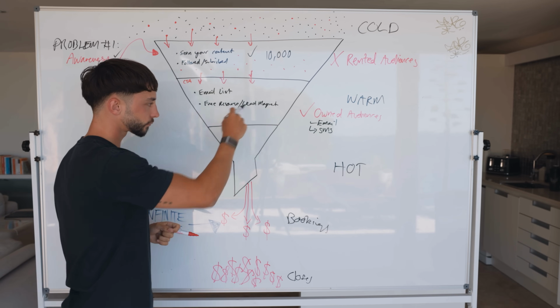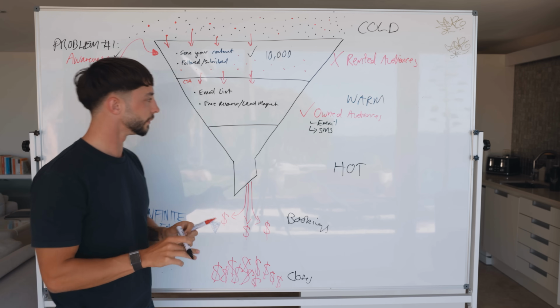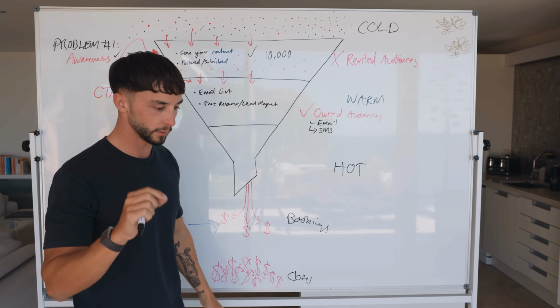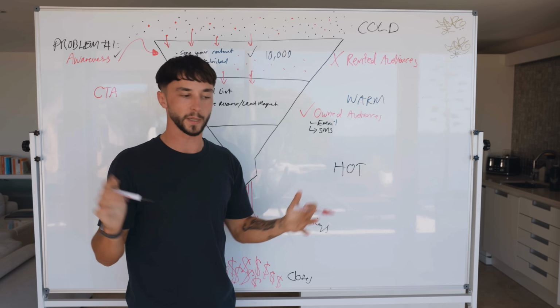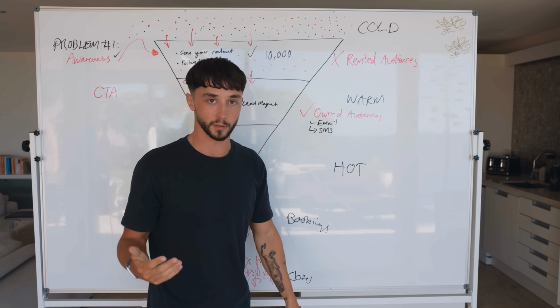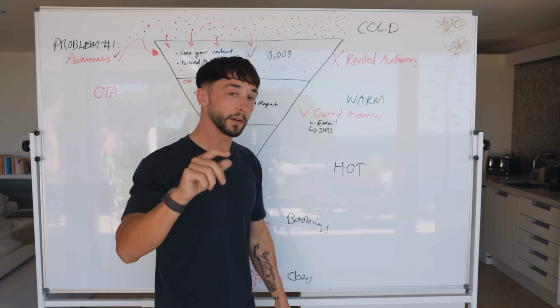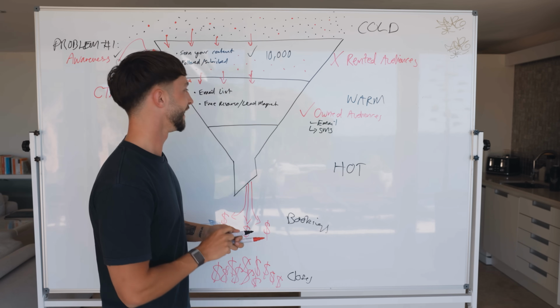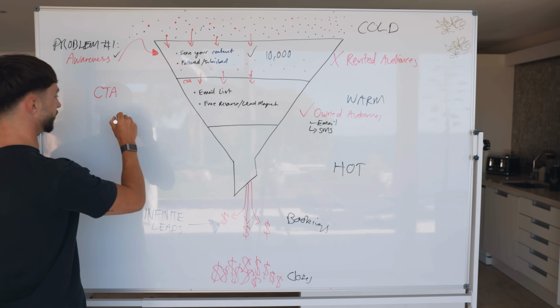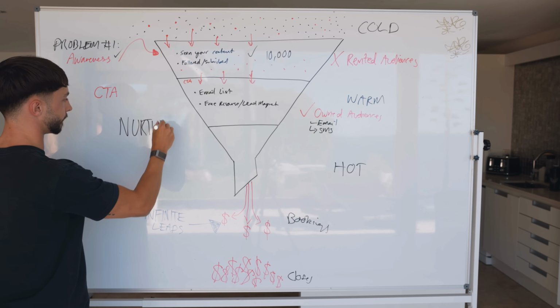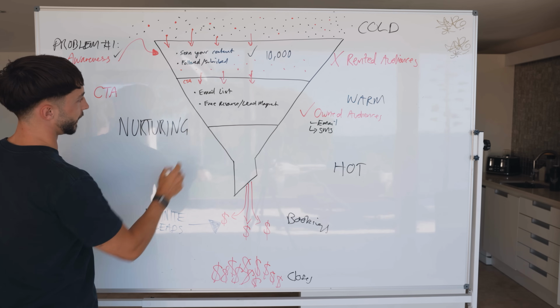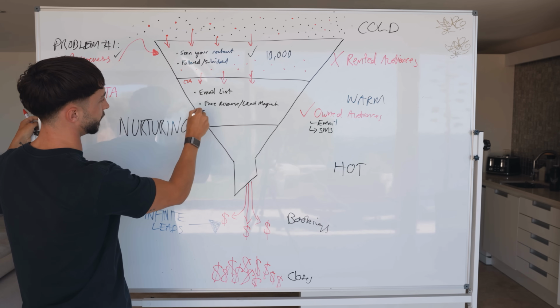And now in here is an important mechanism that is probably one of the lesser understood ones in the entire marketing space. This is something that took me quite a while to realize as well. There's this very, very important stage, and it's called nurturing. This is what happens in this section here.